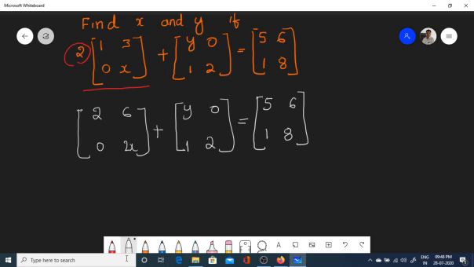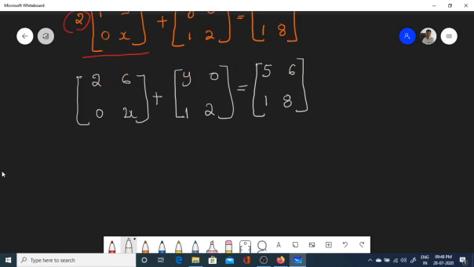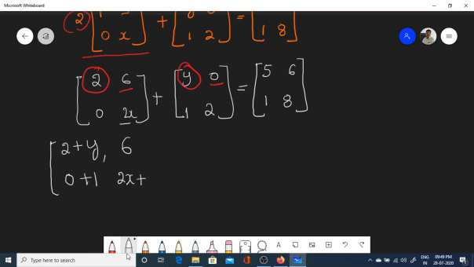So ಈಗ ನಾವು we have to add the first two matrices. ಈಗ add ಮಾಡಿದಾಗ 2 plus Y, because we are adding the corresponding elements of both matrices, 2 plus Y, and 6 plus 0, and 0 plus 1, then 2X plus 2, that is equal to 5 6 1 8.